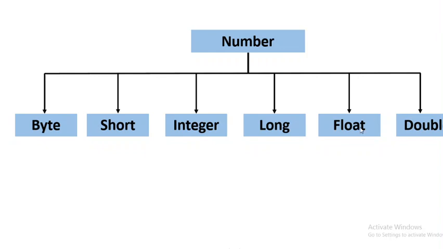Float is the wrapper class for the primitive data type float, and Double is the wrapper class for the primitive data type double. The difference is only in the first character. In the wrapper class it is capital, and in the primitive data type the first character is small case. Only that is the difference.